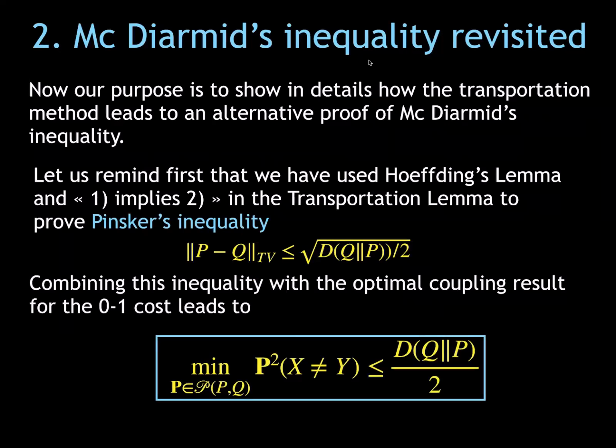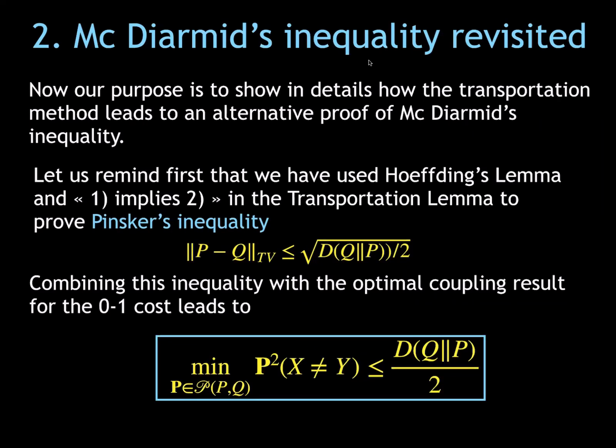Remember that you have proved this Pinsker inequality as an exercise after having proved the transportation lemma. It's a consequence of the 1 implies 2 part of the transportation lemma.